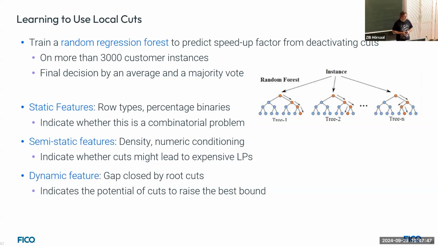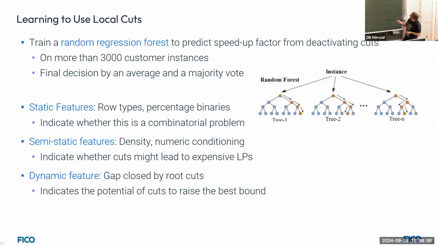I think the threshold that we ended up with was something like two thirds of the trees have to agree on switching off local cuts for us to actually do this. So the previous incumbent behavior was always generating local cuts.